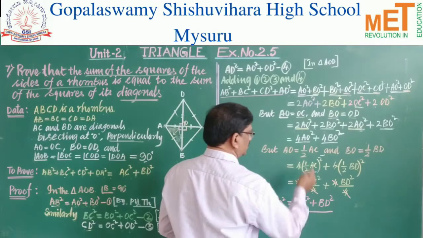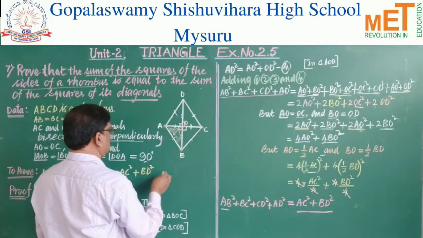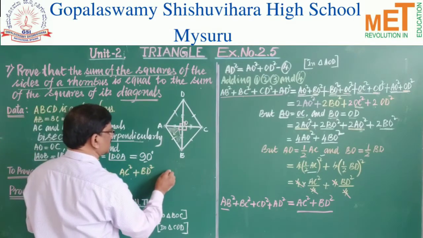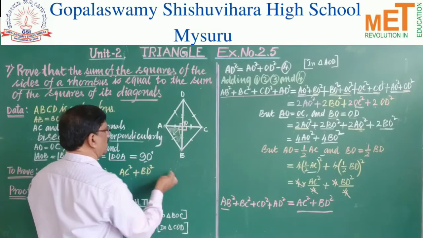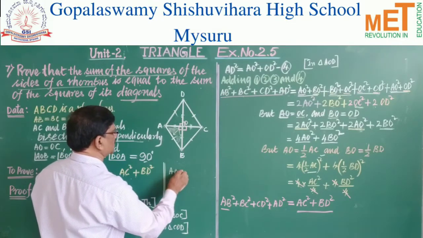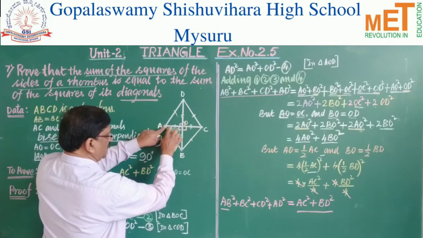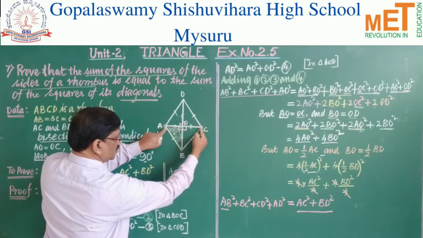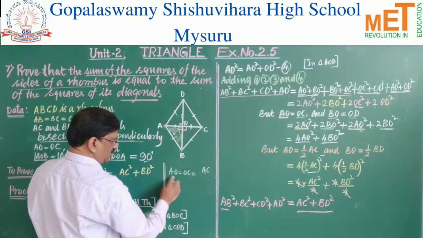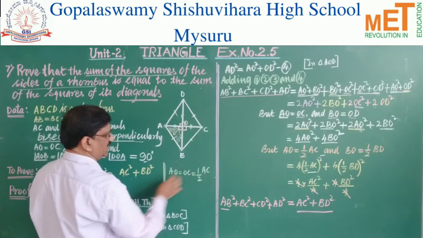Now, here you see, children, in the diagonals, as it is stated here, diagonals bisect each other. That means AO is equal to OC. So the length of AO and OC with respect to the whole length, that is how they are related to the whole length, is equal to half of AC.